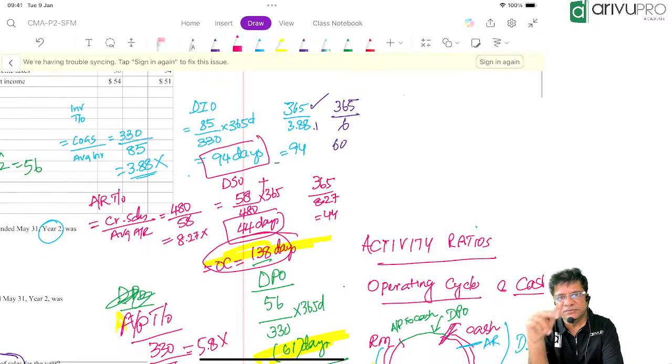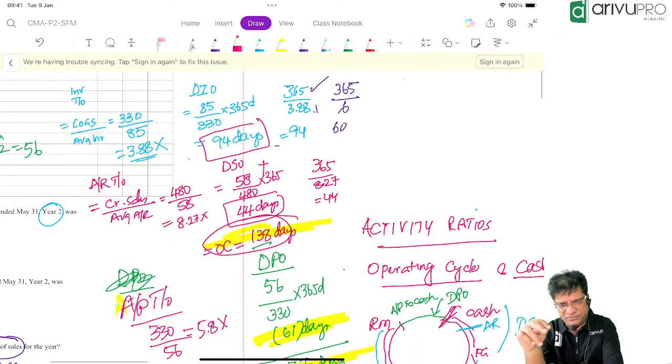Now the opposite will be DPO. Write down: DPO, days payable outstanding, should be more. AP turnover should be less.